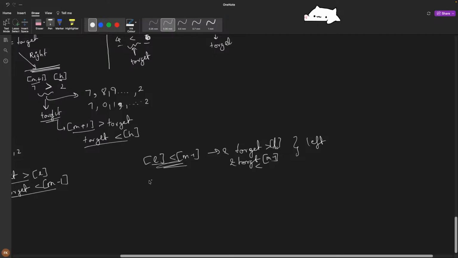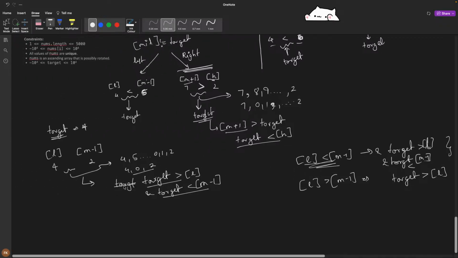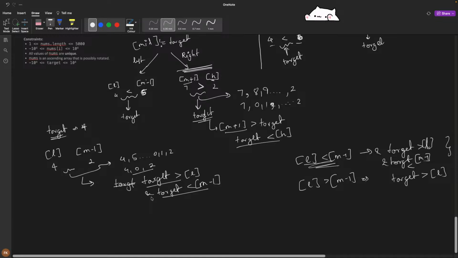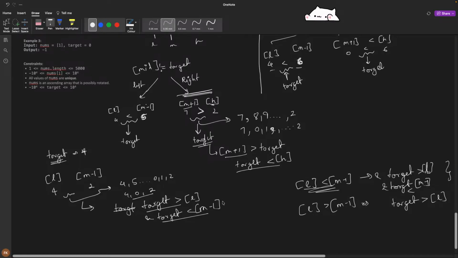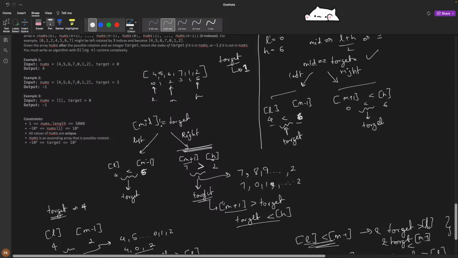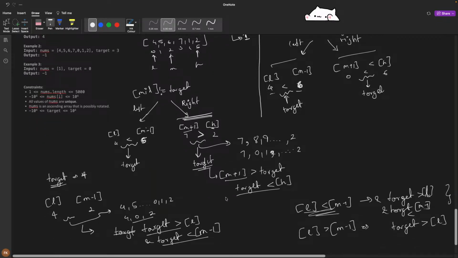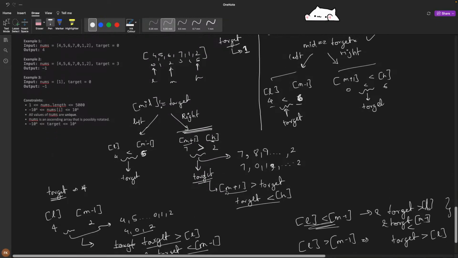Or either it could be L is greater than m minus 1 and target is greater than L. It's still the binary search.